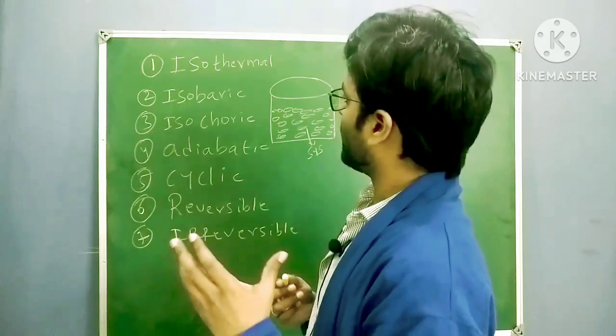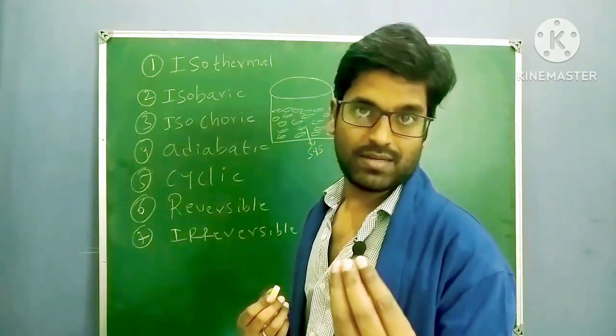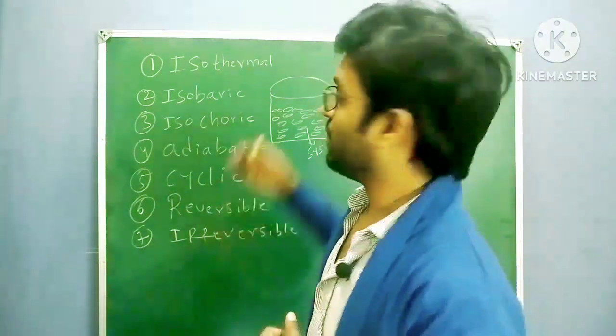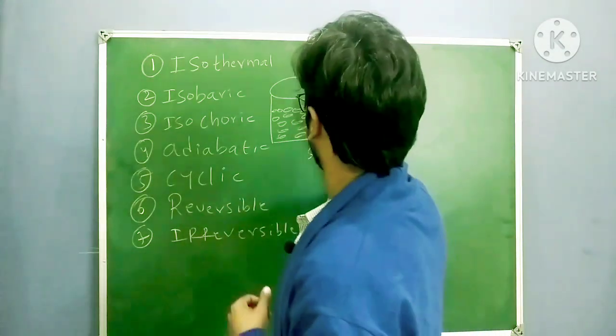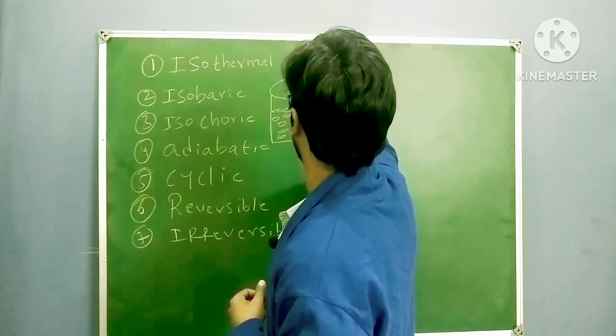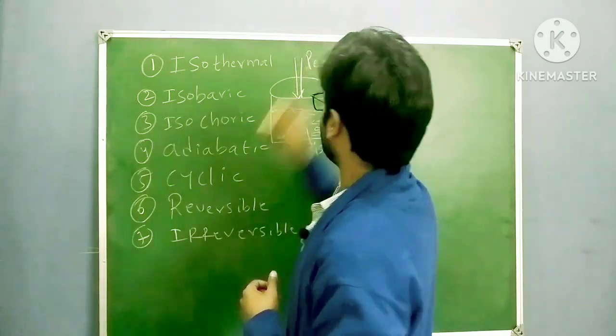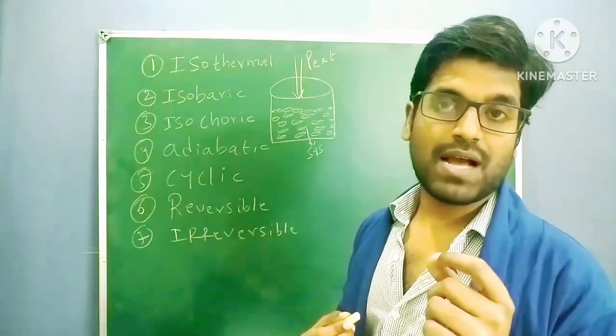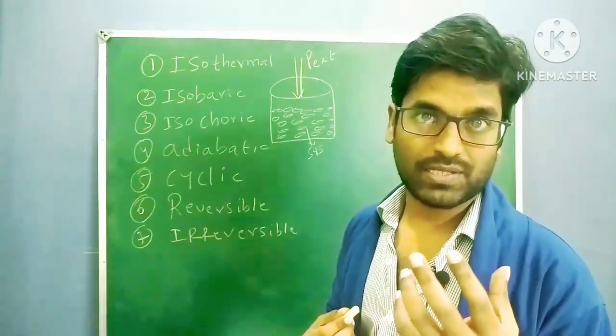Okay, now what happens? I'm applying some pressure on this from the surroundings. That means I'm applying some external pressure on this system, right? That means I'm doing some operation.